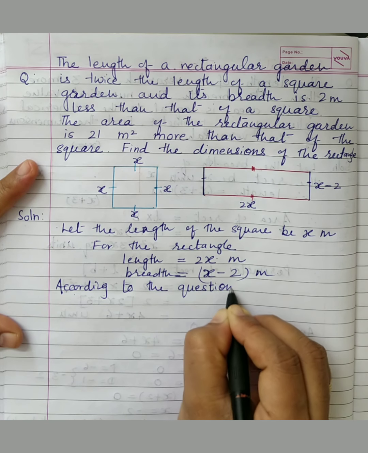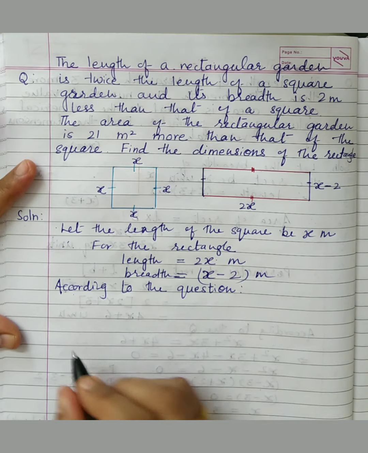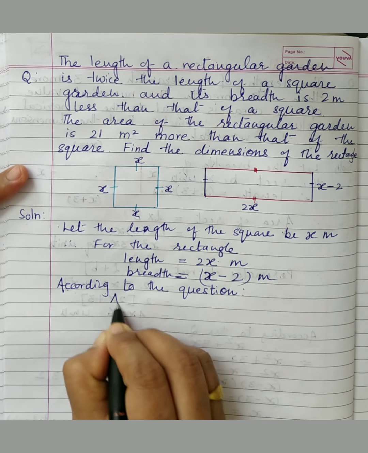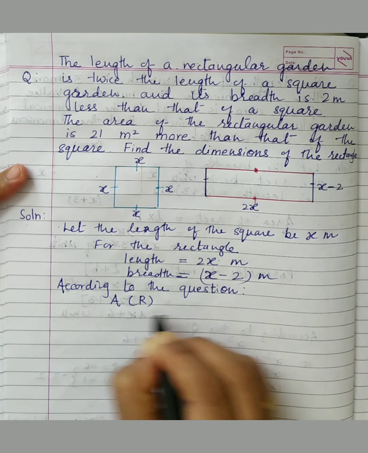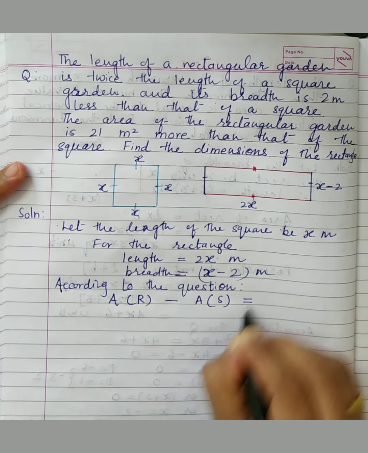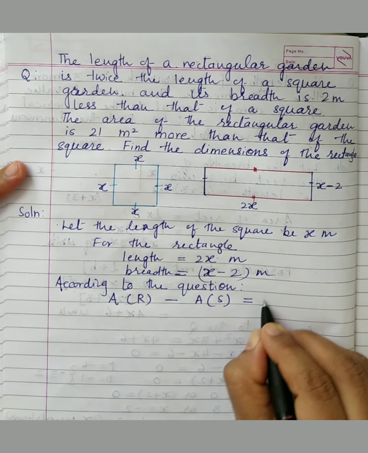Many times I have told you that this is very easy, only you should know where you have to take some efforts. So this is area of rectangle minus area of square.